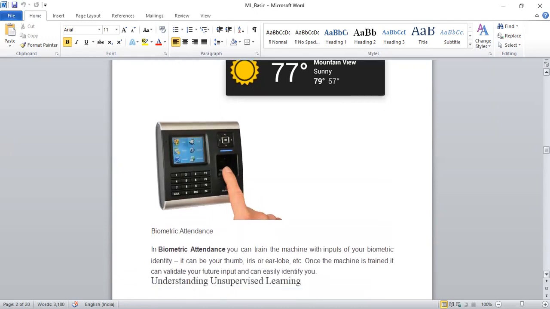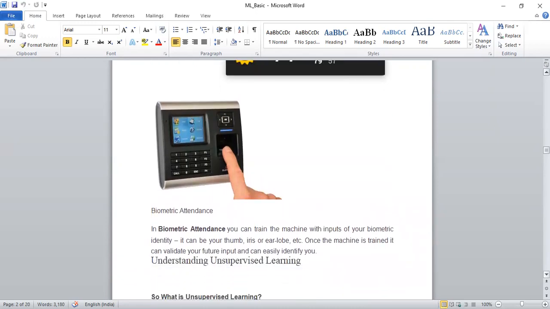Another example is biometric attendance. In biometric attendance, you can train the machine with inputs of your biometric identity.